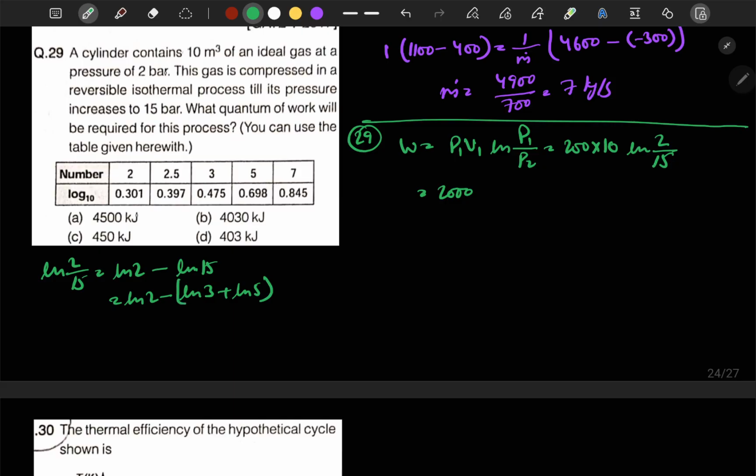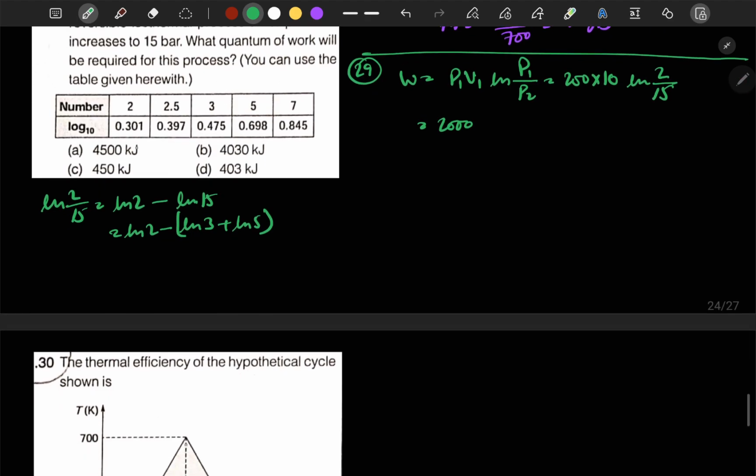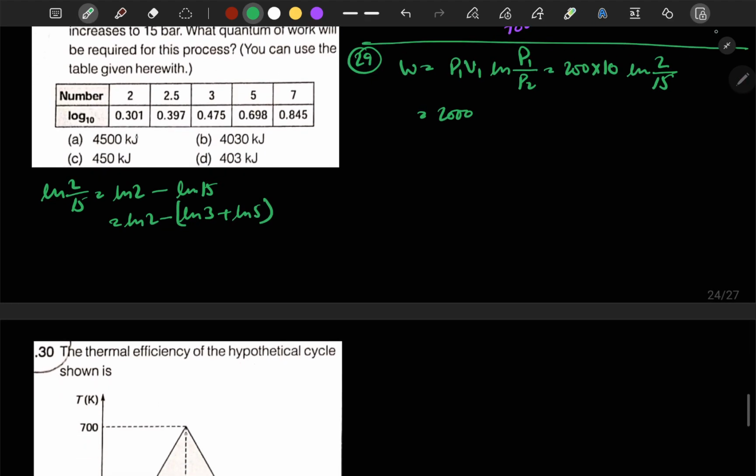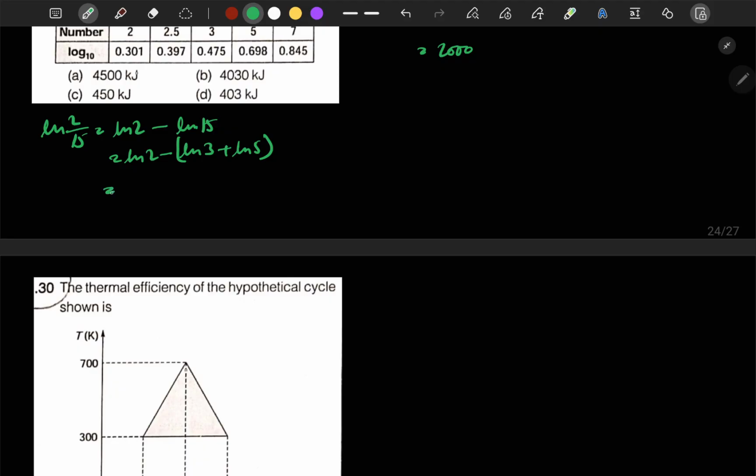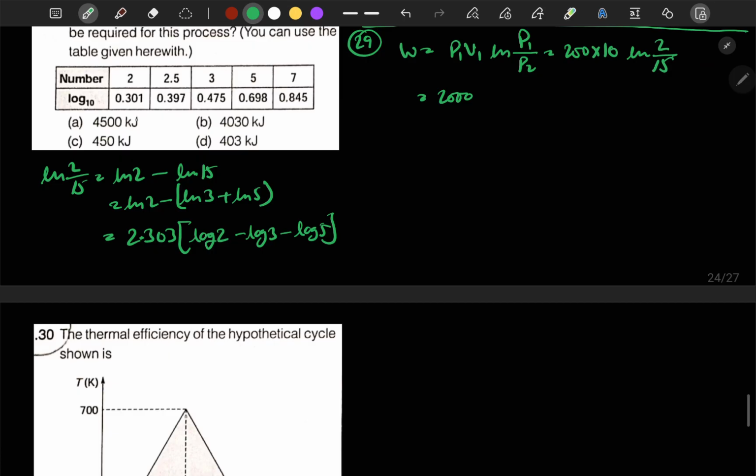So we have the values of log to the base 10 for 2, 3 and 5. To convert to natural log, we have to multiply by 2.303. So we can write it as 2.303 times log 2 minus log 3 minus log 5. All of these logs have base 10, so we can directly use the values given here.